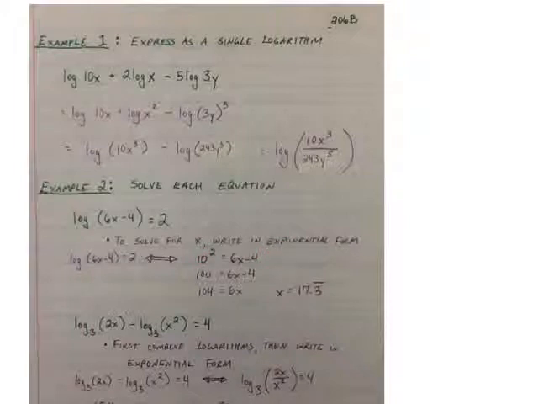And remember, if the base is not written, it could be considered base 10. So what we have is 10 squared is equal to 6x minus 4. Now we've turned it into an algebraic problem that should be pretty easy to solve, and I arrived at the final answer of 17.3 repeating.